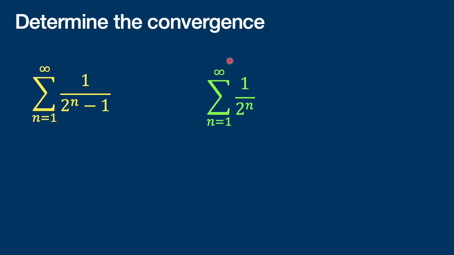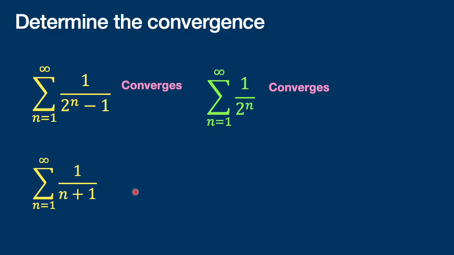We know that this one converges because it is a geometric series. Then we have support for our argument. Can you do the direct comparison? We can't, okay? I want to give another example.